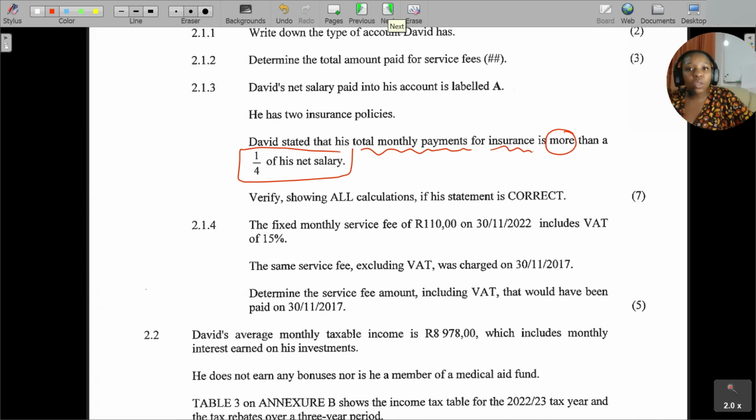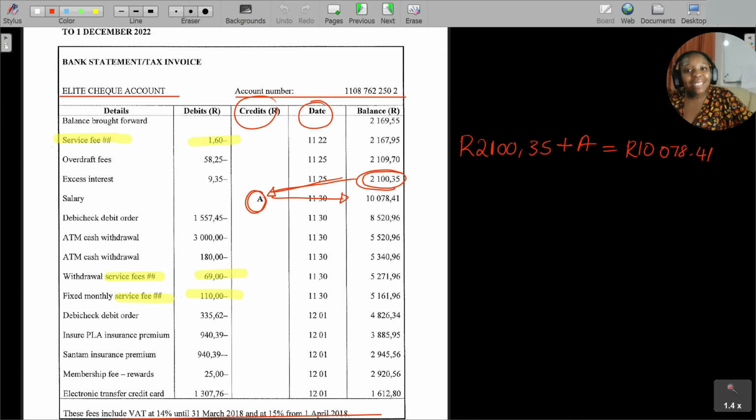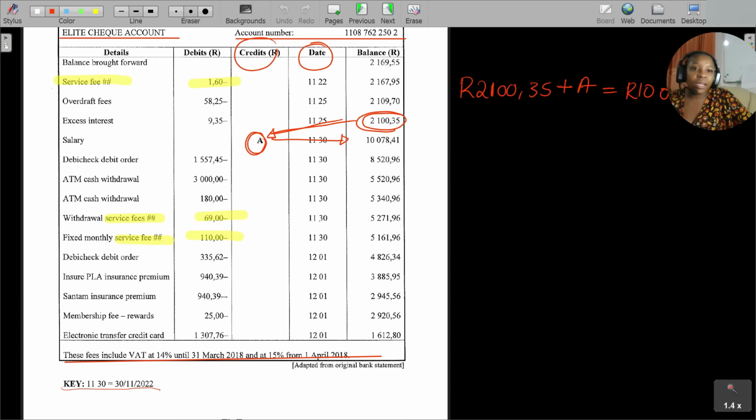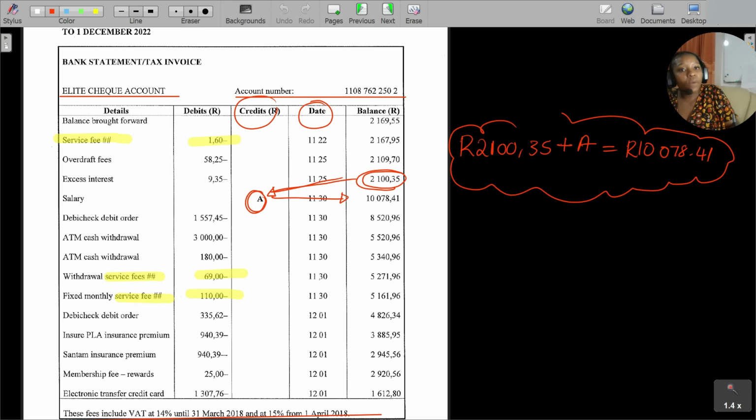So what is a quarter of his net salary? The first thing we need to do is determine what that net salary is. Remember, I already gave us the equation, or how we can set up our equation to calculate the net salary, so we are just going to use that in our calculations.